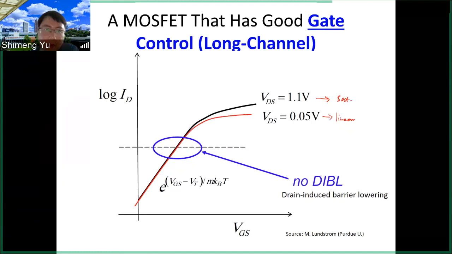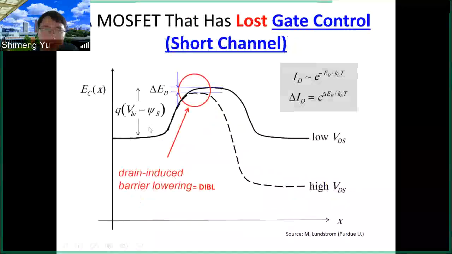But for today's short channel transistor, it will change. Because now the drain is so close to the source, when you apply the drain voltage to push down the band, the barrier top will also be reduced here. So this is the drain-induced barrier lowering effect, and we call it DIBL, the Dibble effect.